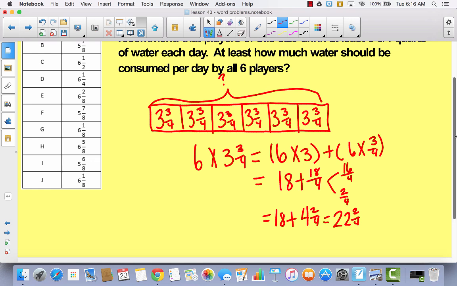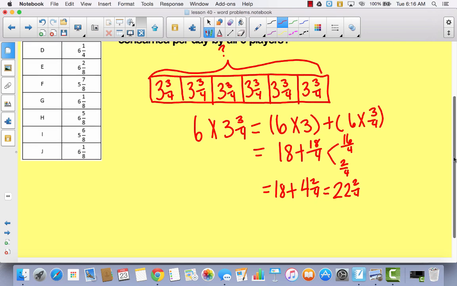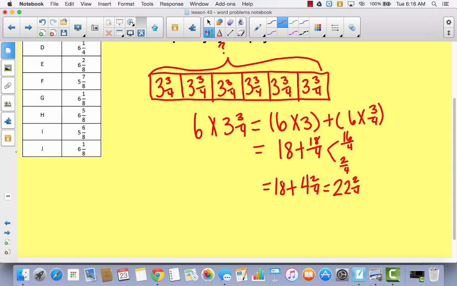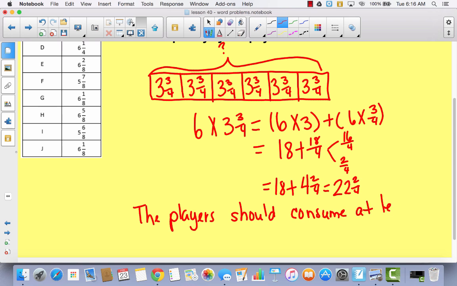These are quarts, I believe. Yes, quarts. So my answer is the players should consume at least 22 2/4 quarts daily.